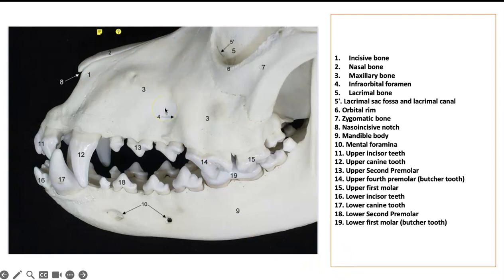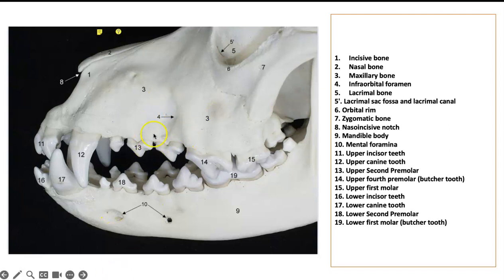Some of the foramina we'll discuss later. The infraorbital foramen is very important, and also we have the mental foramina in the case of the dog, different from large animals because the dog has more than one mental foramen, and it is very important for the exit of the inferior alveolar nerve as the mental nerve. And also here is the infraorbital foramen, the exit of the infraorbital canal for the infraorbital nerve.